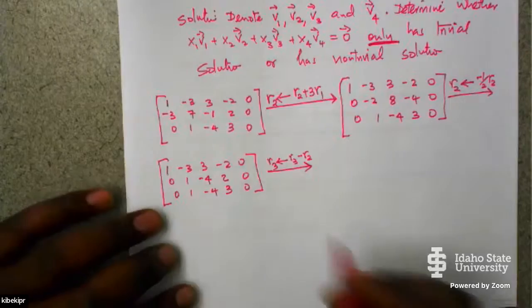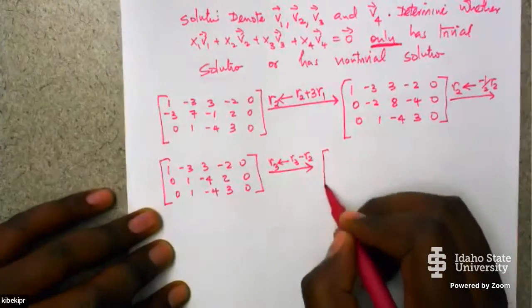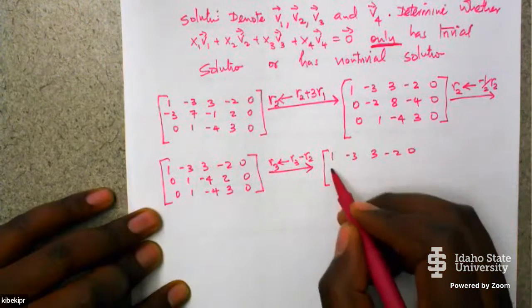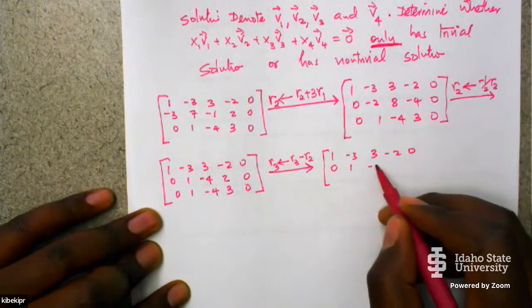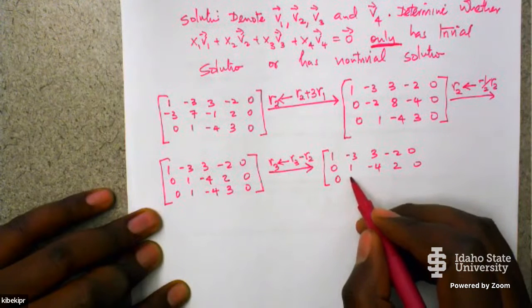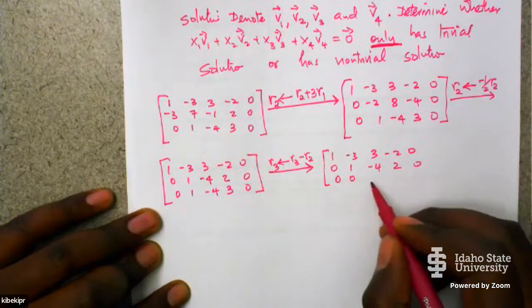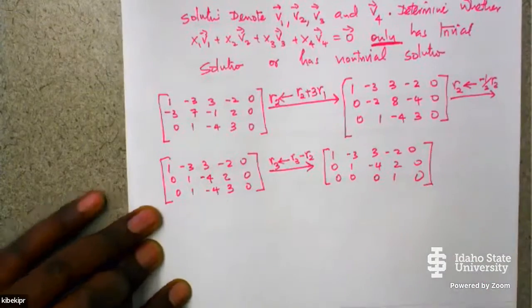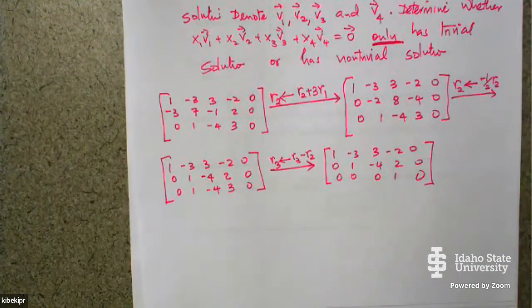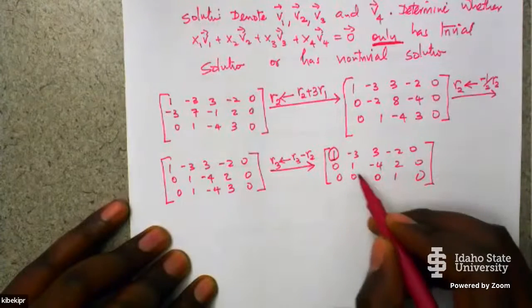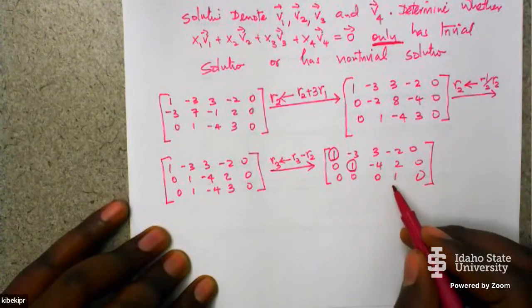Okay, now R3 there, so we subtract: 1, negative 3, 3, negative 2, 0, then 0, 1, negative 4, 2, and 0, and then finally 0, 0, 1, 0, 0. So what can we see from there? Here we have our basic variable. We have our basic variable here.